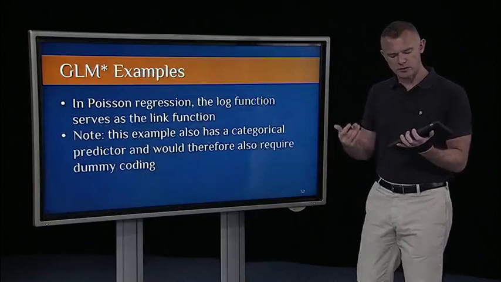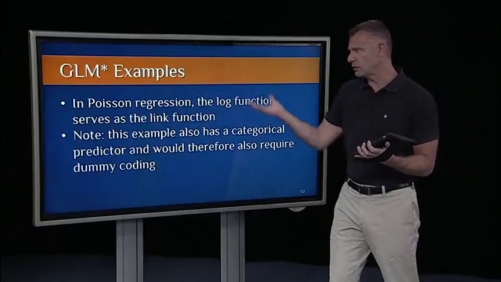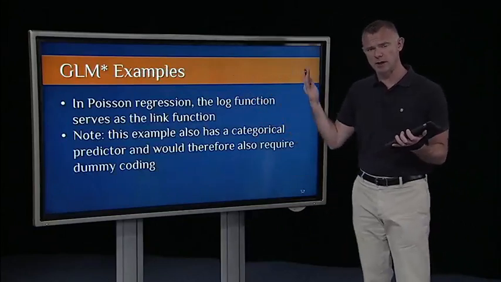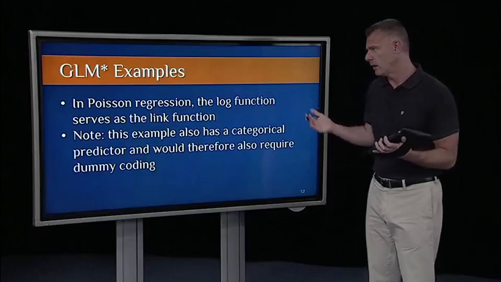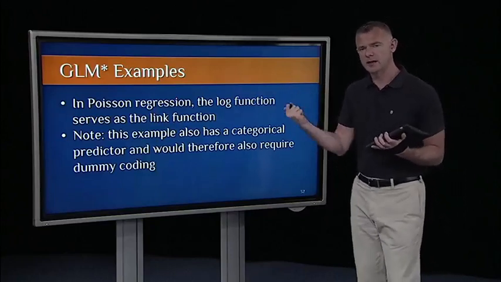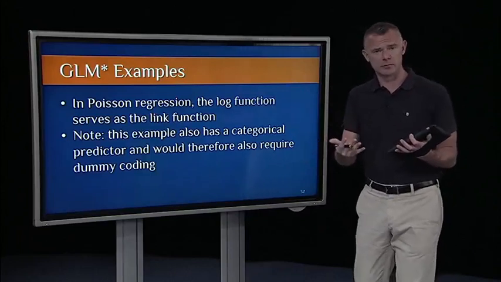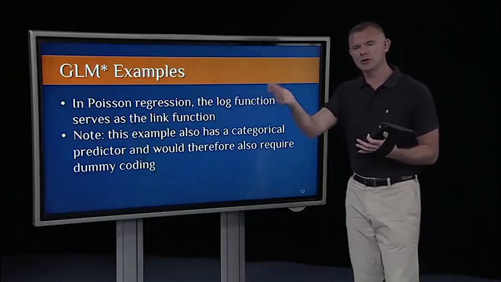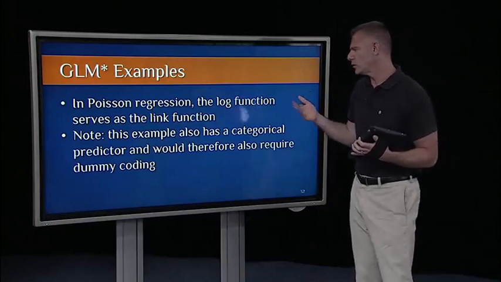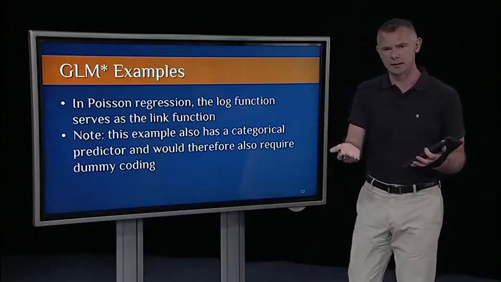To do a Poisson regression, we just use this GLM framework, the generalized linear model framework, and apply a different link function. In this case, it's the log function. So instead of doing logit like we did for binomial or multinomial regression, we'll just apply the log function as the link function.